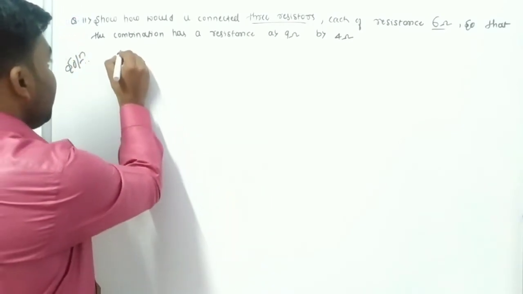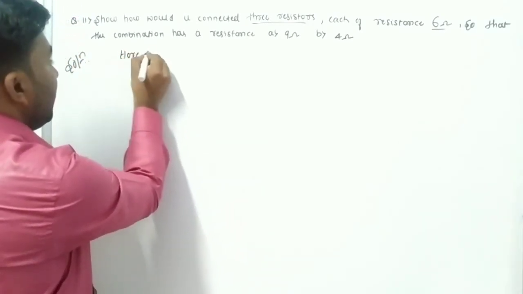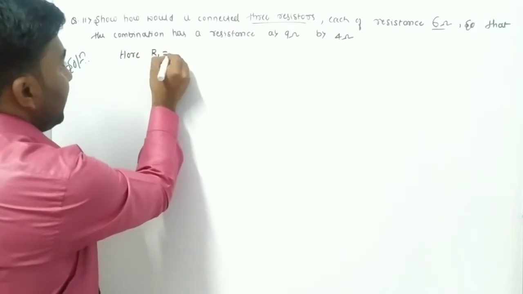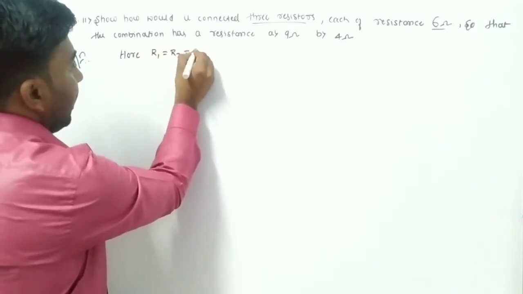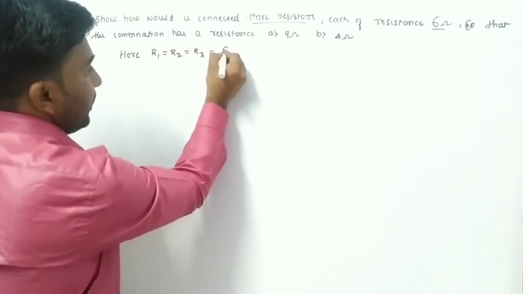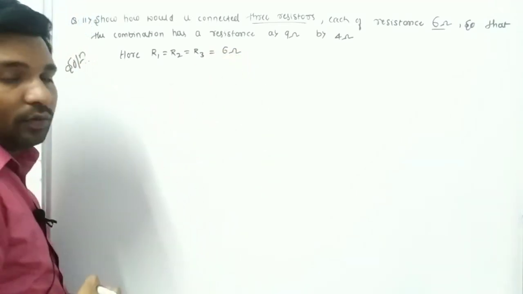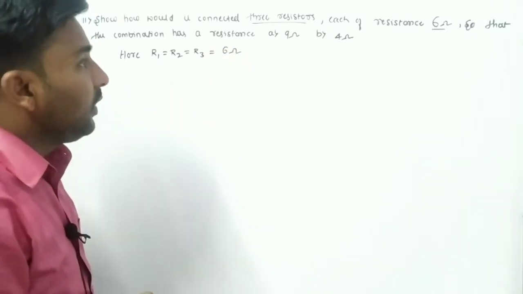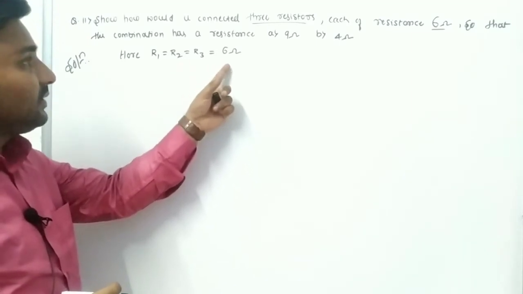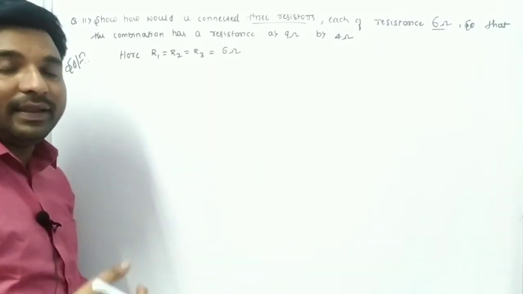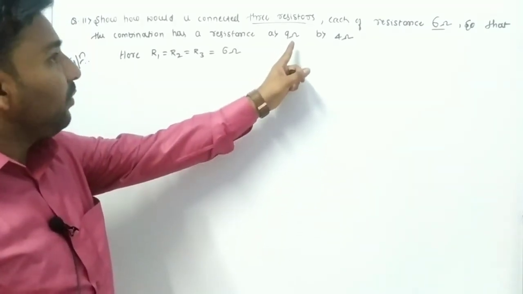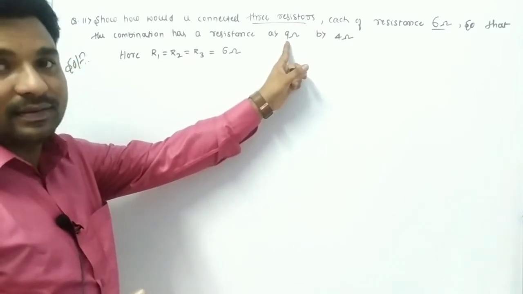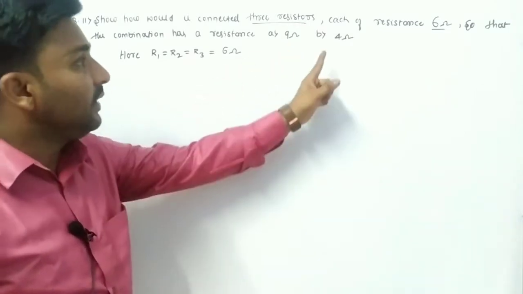Here we have R1, R2 and R3, each equal to 6 ohm, right? Now how will we connect these three resistors to get an equivalent resistance of 9 ohm and 4 ohm?